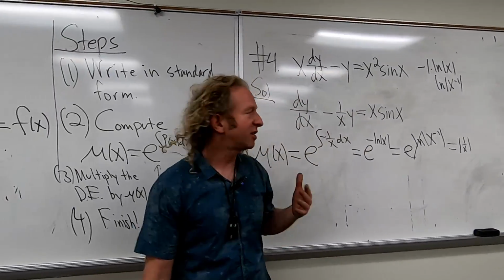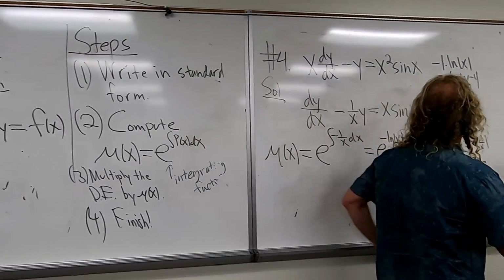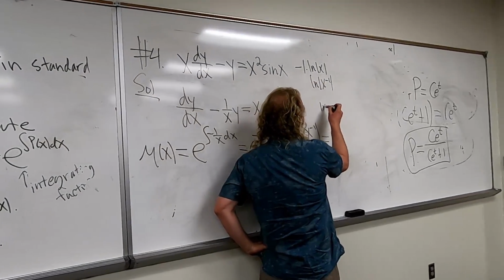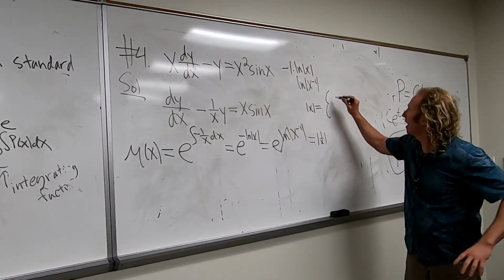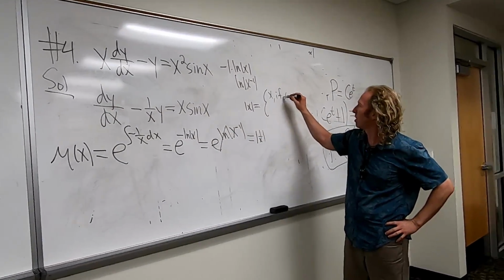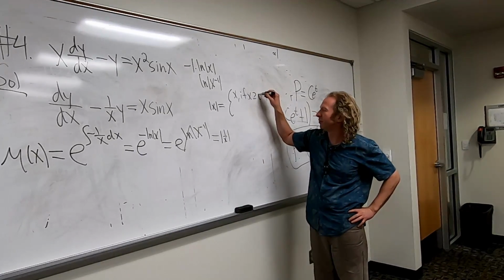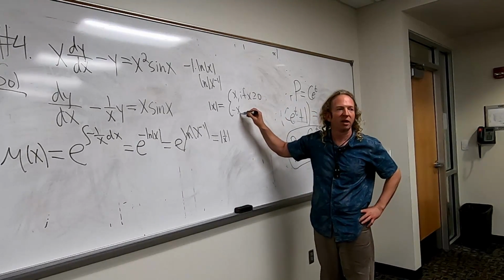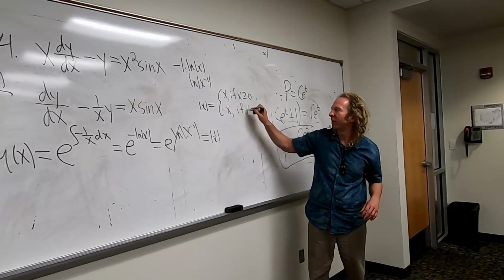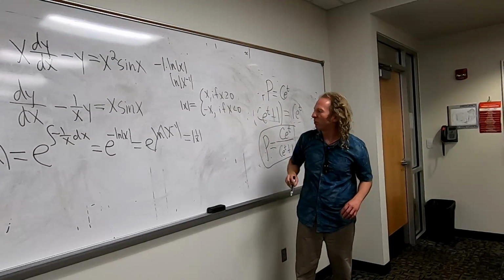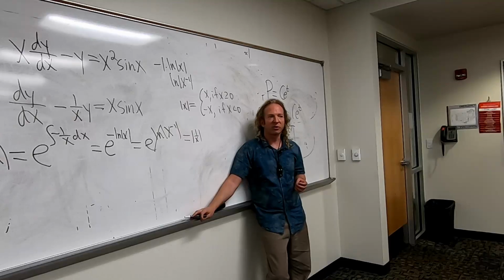So here's the key step. The absolute value of x is equal to x if x is greater than or equal to 0, and equal to minus x if x is less than 0. So we have to somehow get rid of this.